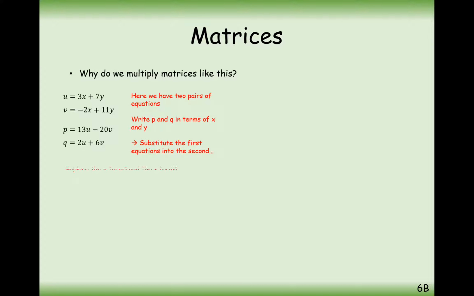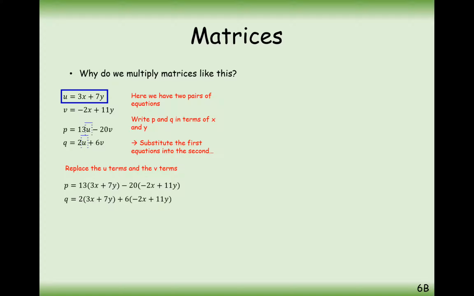Well, one way of doing it is to just substitute in the value for u as our expression for u and the substitution for v as our substitution for v. So you can see here how we've done this. We've substituted u into both of the two equations like this. We've put 3x plus 7y into both of the positions for u.